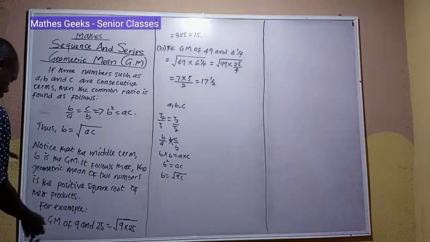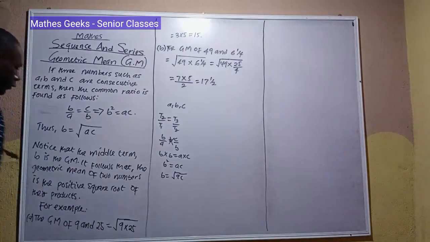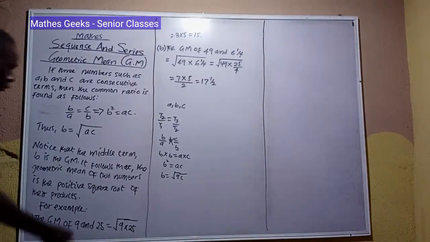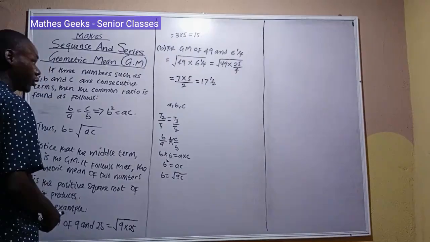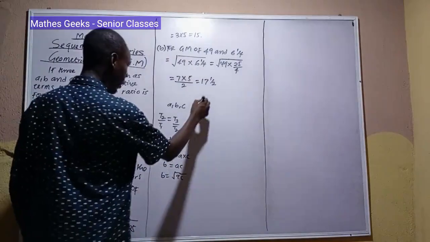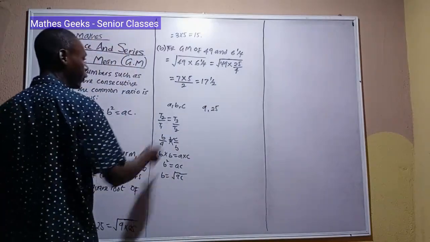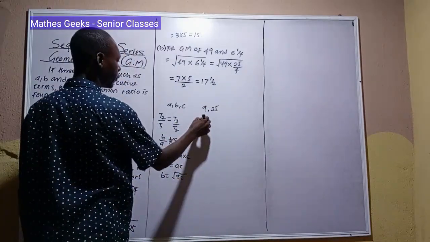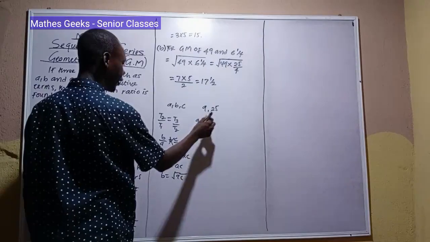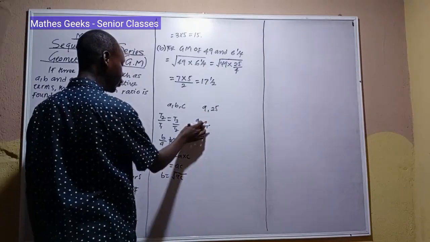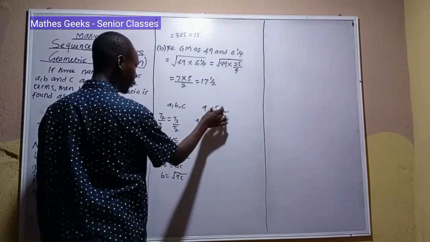For example, the geometric mean of 9 and 25, which is the third letter, is equal to the square root of 9 times 25, which is equal to 3 times 5. So if we have 9 and 25, let's insert the geometric mean A between 9 and 25.